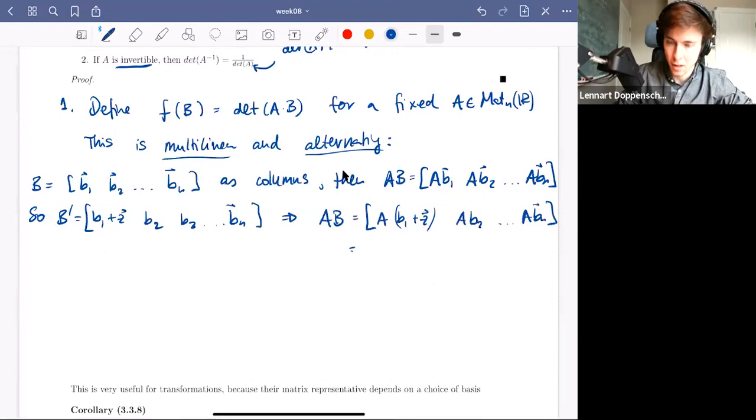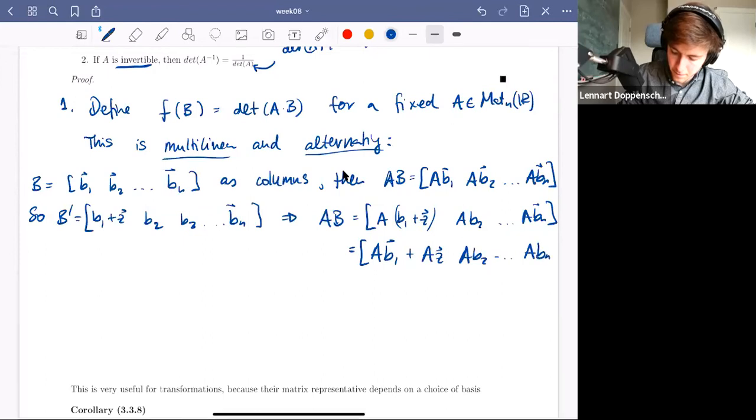But this first column is precisely the sum of the vectors AB1 and AZ. So this is the first column.